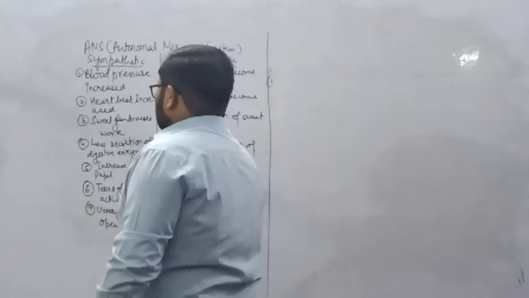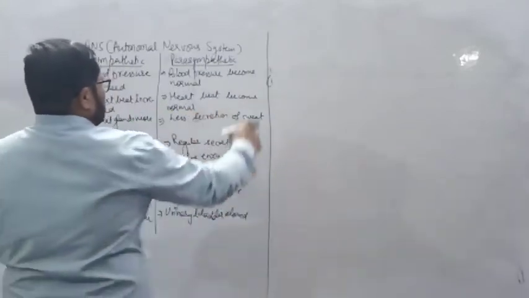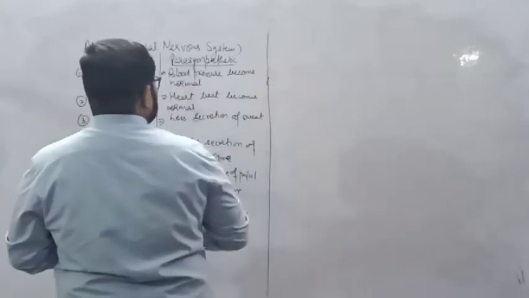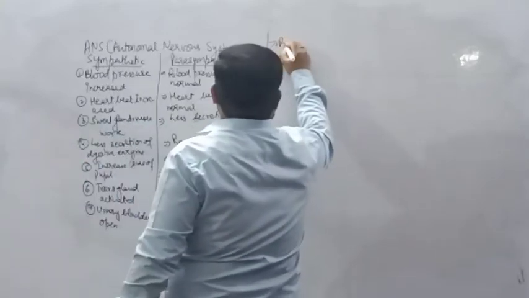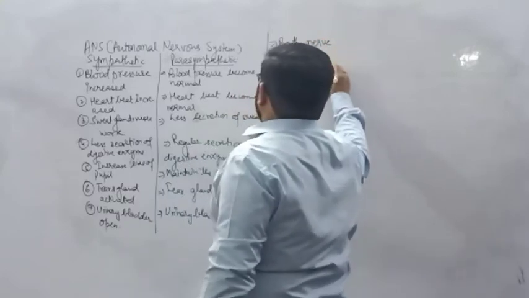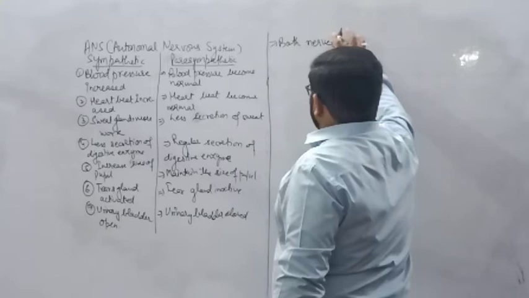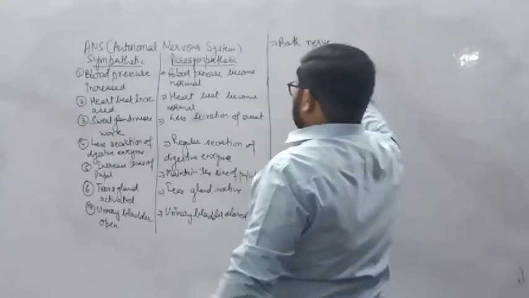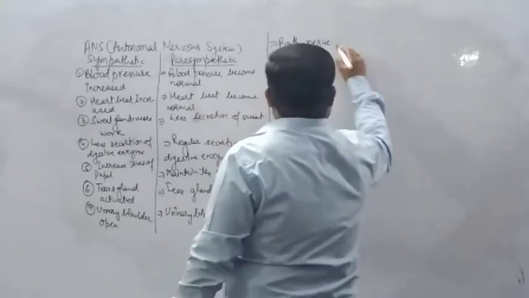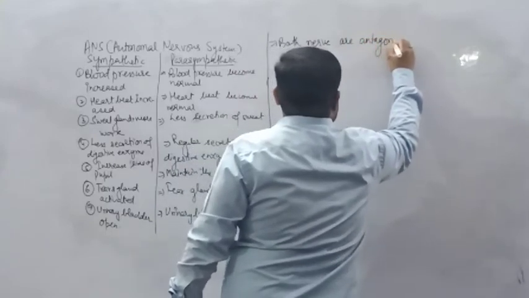So the term used for this opposition, for both nerves, that is the ANS nerves, both parasympathetic and sympathetic nerves, is antagonistic.